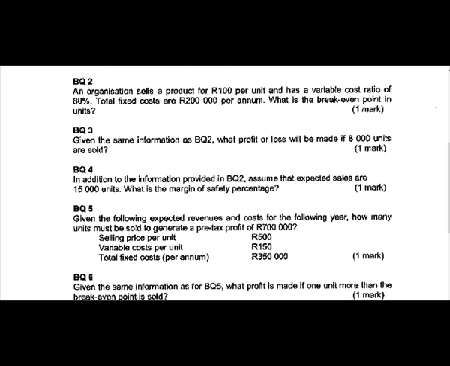For questions like BQ3, where you are required to calculate the profit or loss and they give you the units, or you need to calculate the units but they give you the profit or loss, I suggest you use the profit formula, because I think it's a very simple way to understand it.